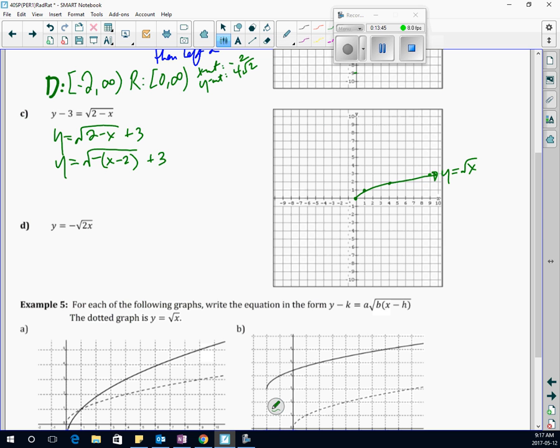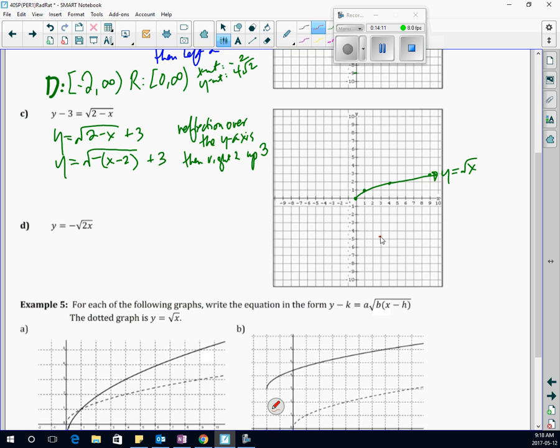So can anybody tell me what happened here? So it's a reflection, not a flip, a reflection over the what? Over the y-axis. It's affecting the x, right? Then it's what? Yeah, then right 2, up 3. Yes? Okay, let's do it.